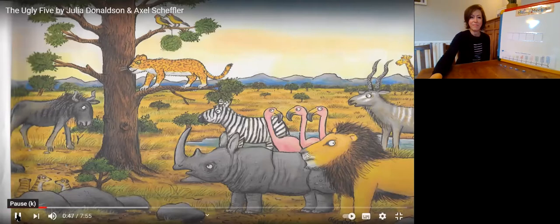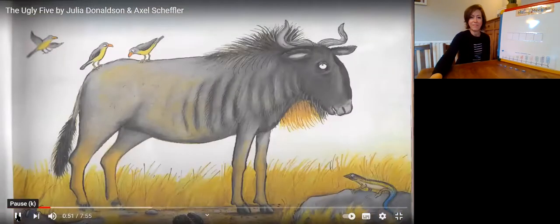To say she looks plain would be really quite kind. It's the wildebeest. Slowly she ambled along, trampling the grasses and singing this song. I'm the ugly one, I'm the ugly one, I'm the ugliest animal under the sun. My ungainly appearance is second to none. I'm the ugly one, I'm the ugly one.